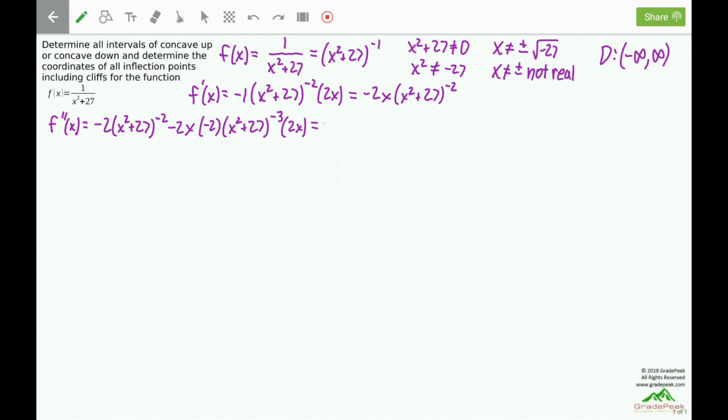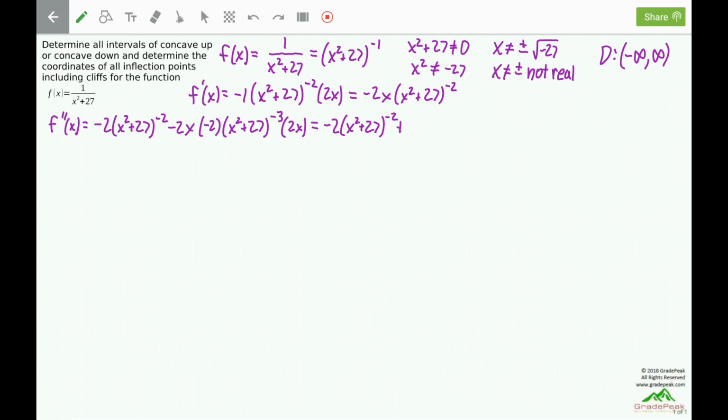The first term we'll leave as is. It's a minus 2 times x squared plus 27 to the minus 2. The second term, we can collect all the constants together. There's a negative 2, a negative 2, and a positive 2. Negative 2 times negative 2 is positive 4, times the positive 2 will be positive 8.